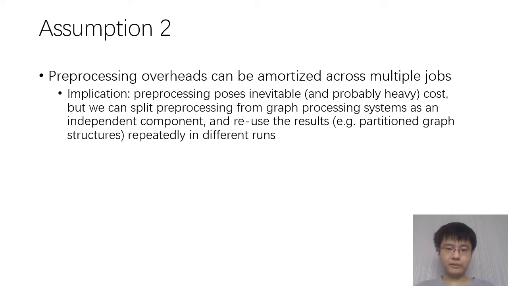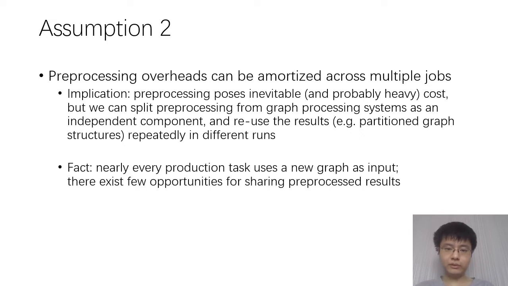The next assumption is that preprocessing is expensive compared to actual processing, but can be amortized across multiple jobs, so it is only a one-time cost. While the previous assumption is partly true, this assumption is unfortunately almost completely invalid.